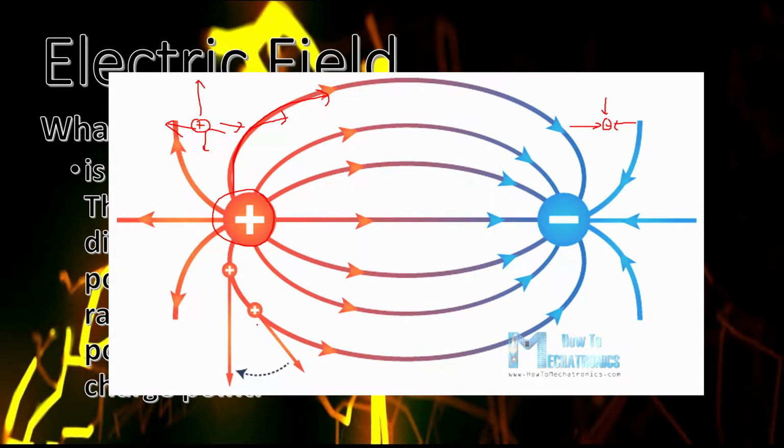So if a point charge like this one goes near a large one compared to a small one, the direction of the force, we all know that positive or like charges repel. So the direction of the force is actually tangent to the curve of the electric field lines. So this is actually called electric field lines. When it goes near, the force actually increases.